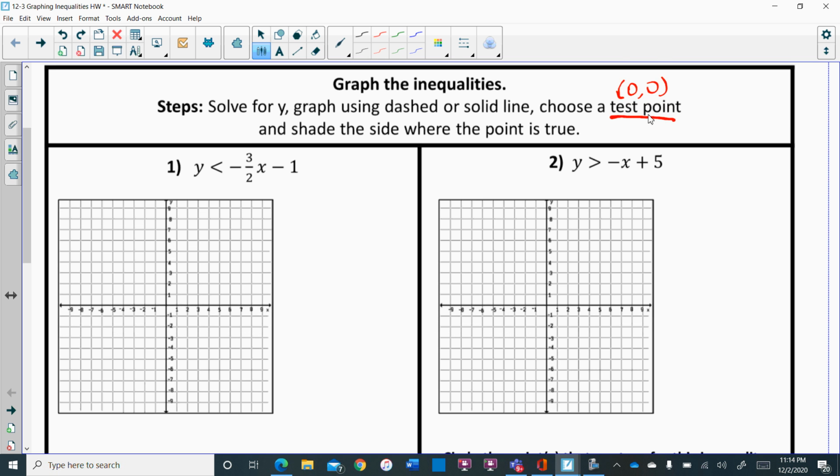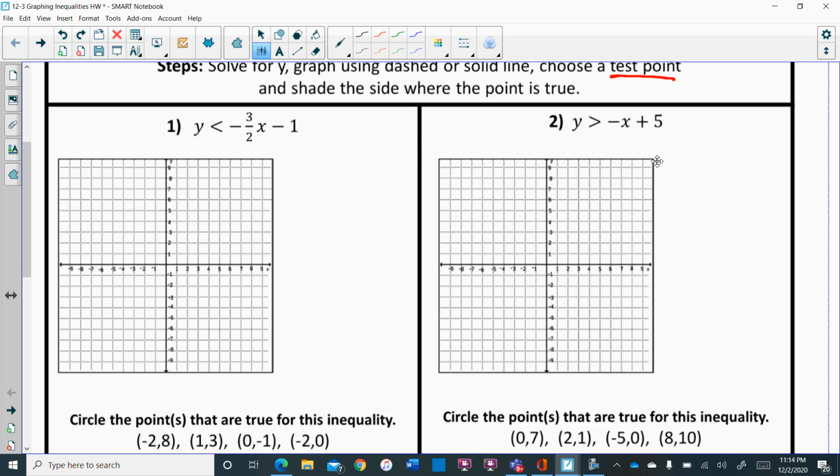Okay, so let's talk about the test point first before I do my graphing. If you didn't have a grid here and we wanted to test our point, which is 0, 0, you've got to remember that this is representing the x value and the y value.